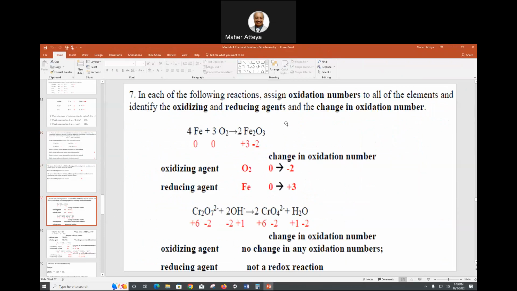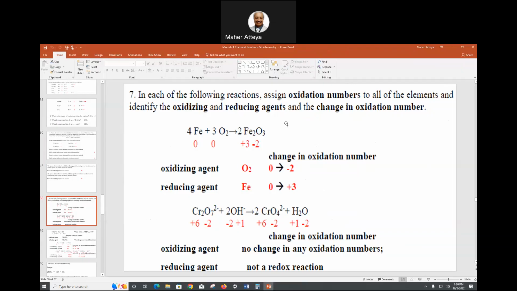Look at this example. I want you to answer for me the twofold question. The twofold question is, what are the charges, the oxidation numbers, of each element present on the reactant and the product side in this chemical equation? First, we are looking for the oxidation number.